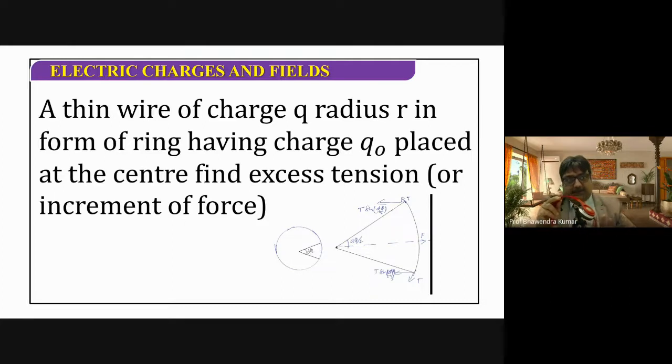ring. Correct? Right? But the force will not be acting along the circumference. Force will be acting in which direction? It will be acting in the radial direction. So, if the repulsive force is able to do the work, it will be done in the radial direction.